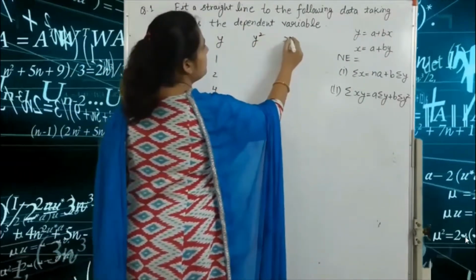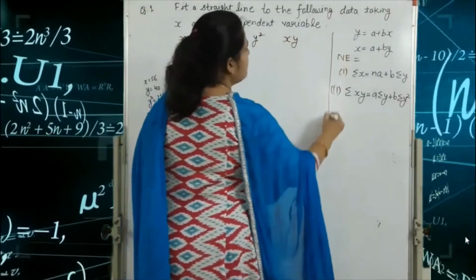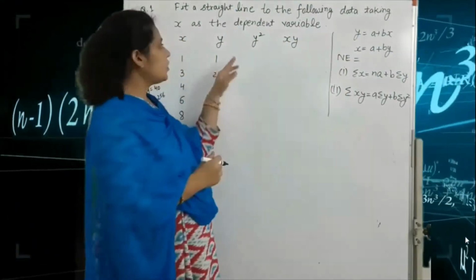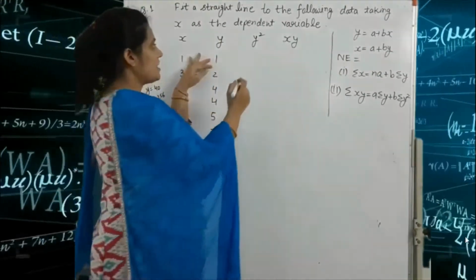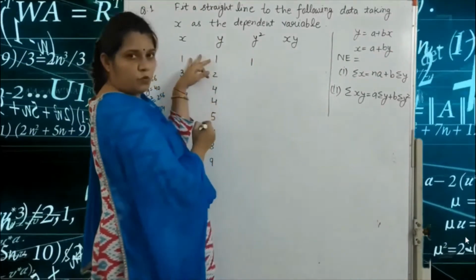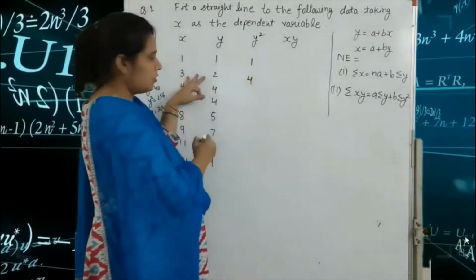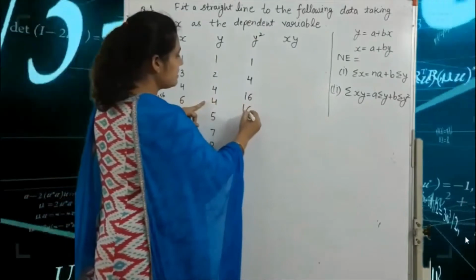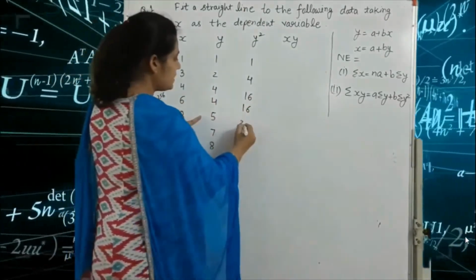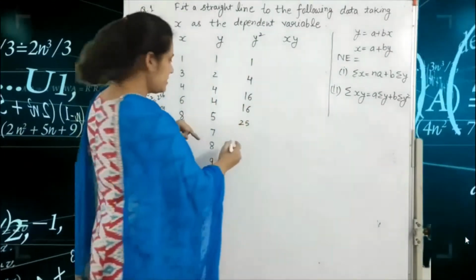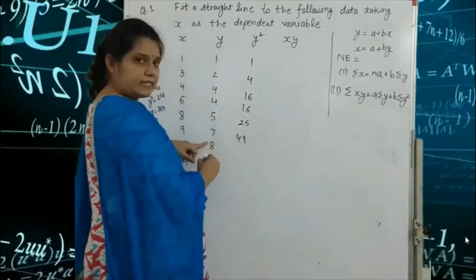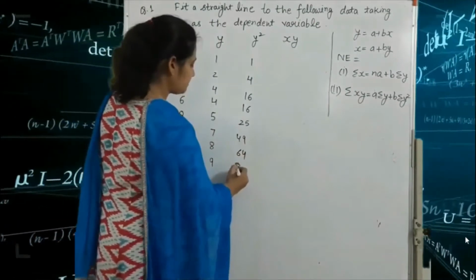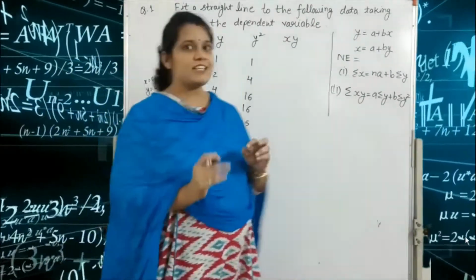What is the value of y square? 1 square is 1, 2 square 4, 4 square 16, again 4 square 16, 5 square 25, 7 square 49, 8 square 64 and 9 square 81. This is a very easy calculation.